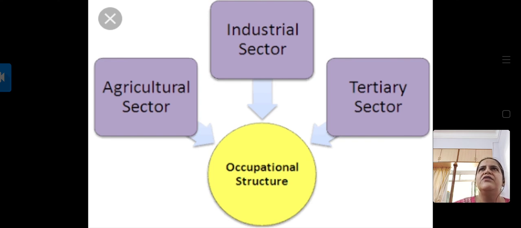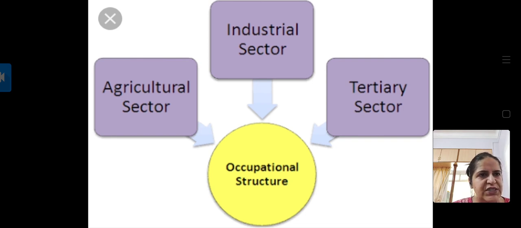Another example: in the agricultural sector, we have sugarcane, the best example. Sugarcane is grown, farming is done. It is cut, taken, and transported to various factories.